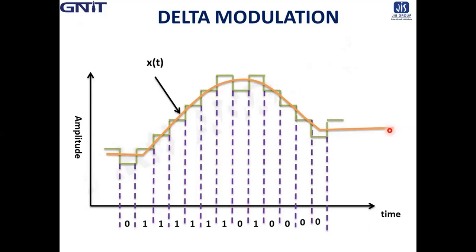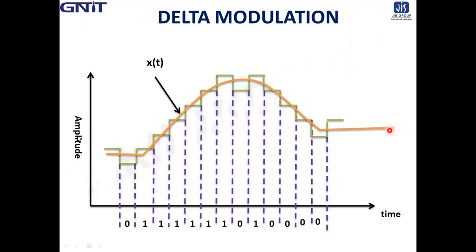It always transmits 1 bit per sample, no matter how many quantization levels are present. Here the present sample value is compared with the previous sample value, and this result, whether the amplitude has increased or decreased, is transmitted.